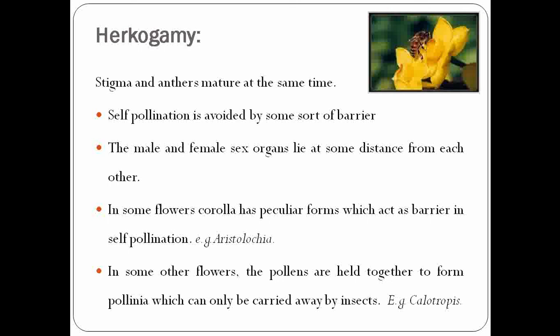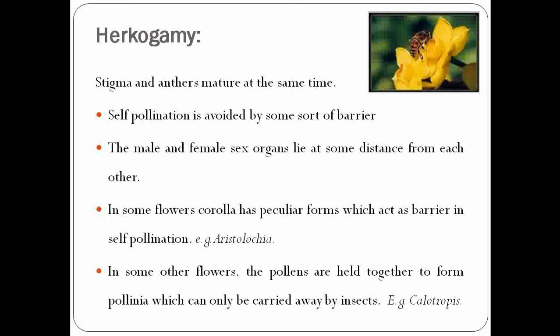In some of the flowers, the corolla has peculiar forms, and that corolla acts as a barrier for self pollination. For example, Aristolochia is one of the important examples which shows the corolla acting as a barrier for self pollination. So in Aristolochia, cross pollination can take place. Then you know Calotropis, you have seen the flowers of Calotropis.